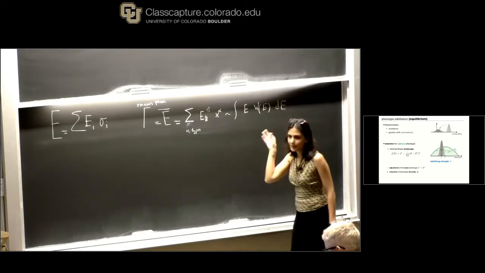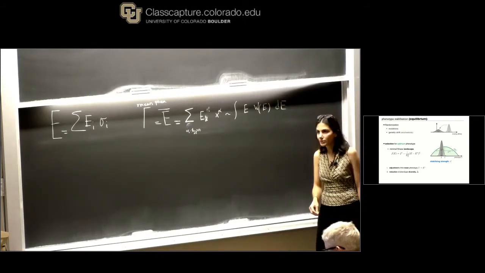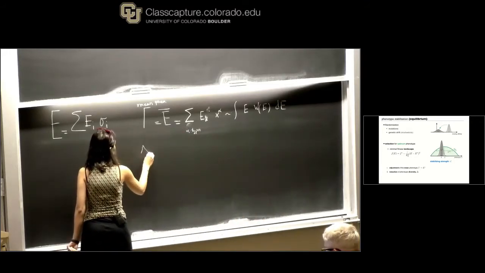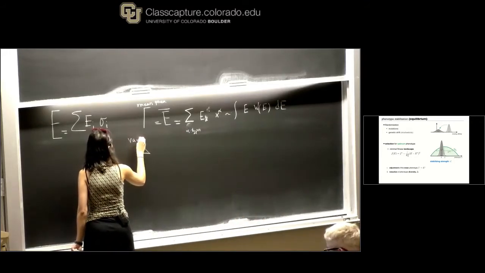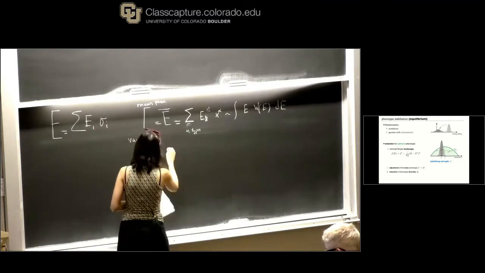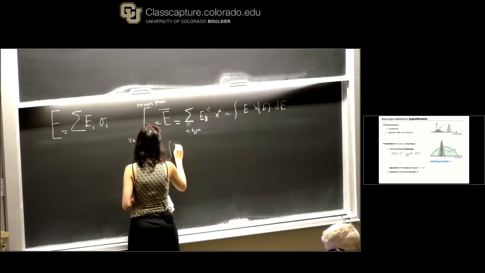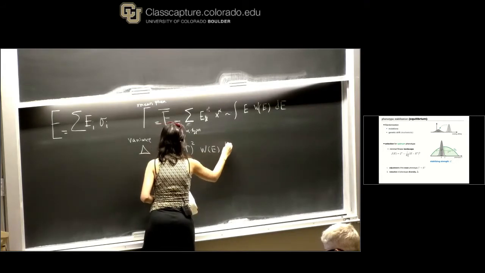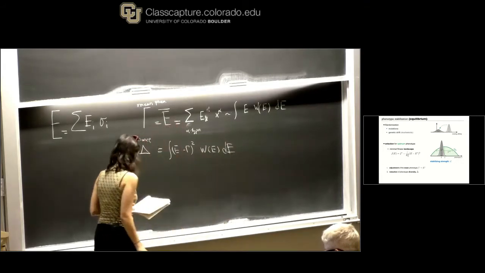That's the mean phenotype of your population. Then we can have the variance of the phenotype, which is the same thing: the integral of E minus gamma squared times W of E.